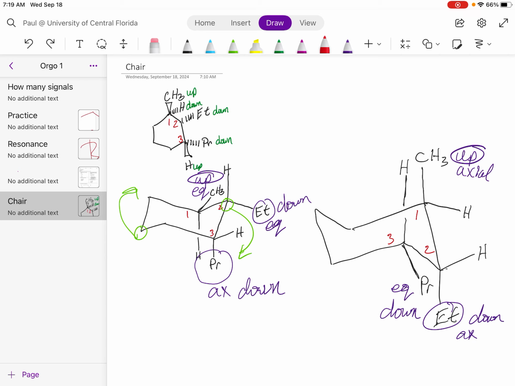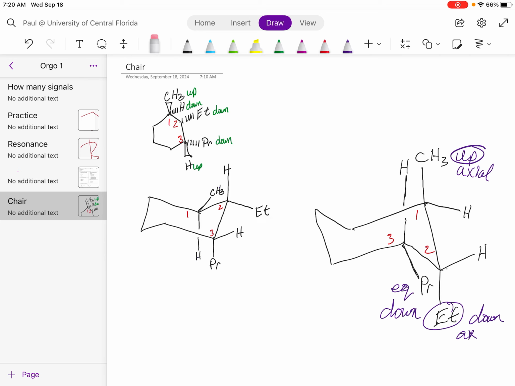So now if we clean this all up a little bit so we can make sure we're seeing it clearly. Okay. Now between these two chair conformations, which one is the most likely or the most stable one?